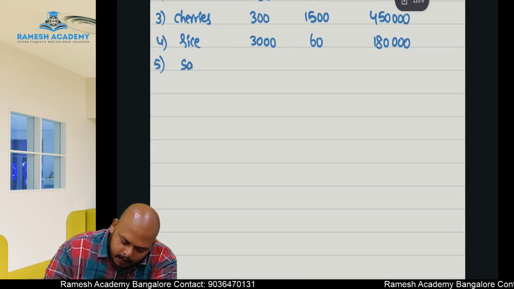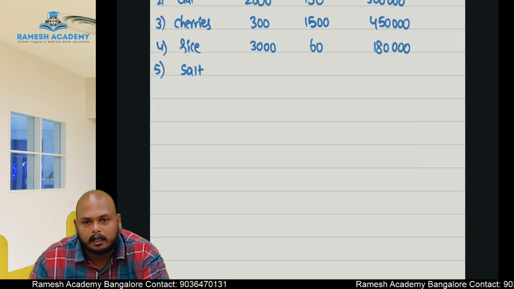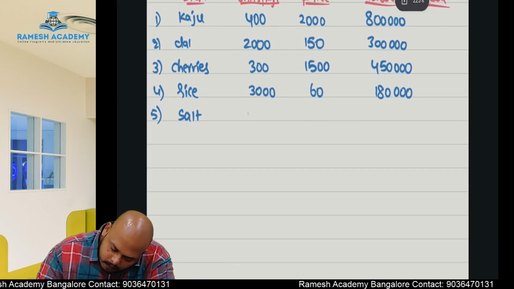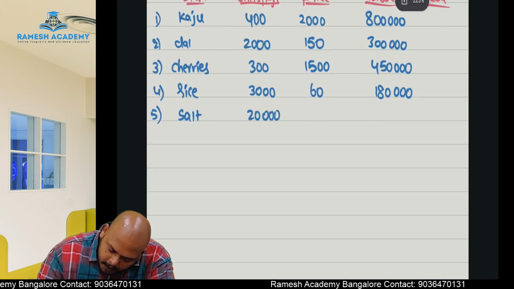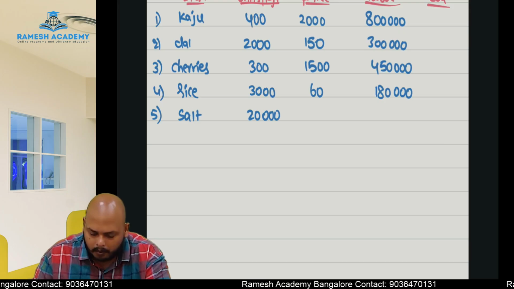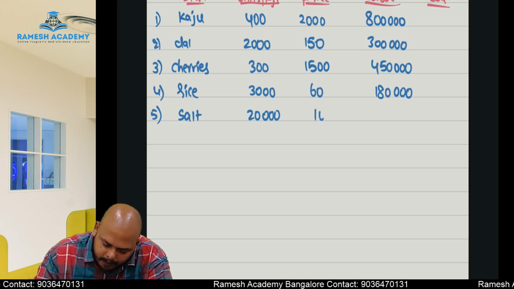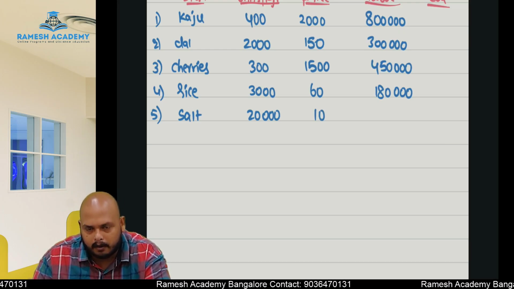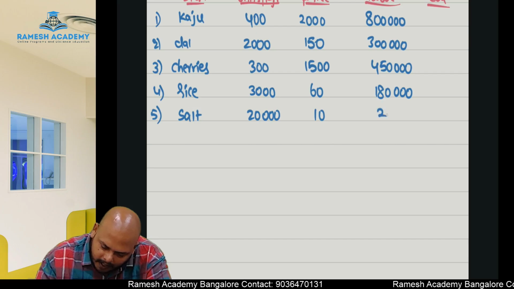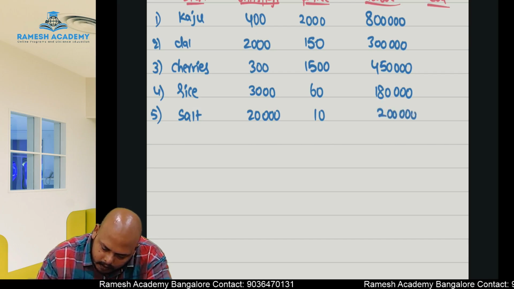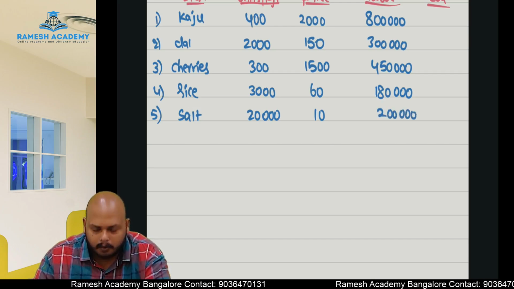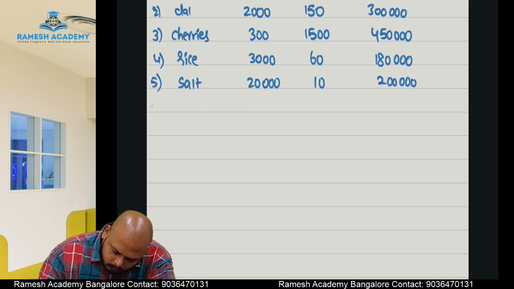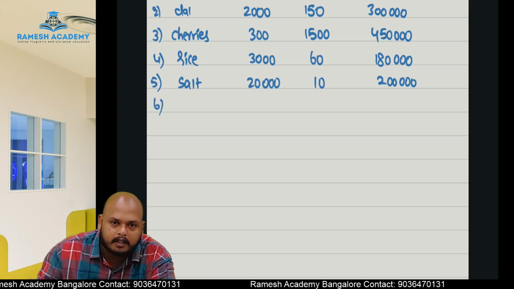Fifth example, let's take salt. Salt we have 20,000 kgs. The price per kg is 10 rupees. That is nothing but the value of 2 lakhs. Next, the sixth one.